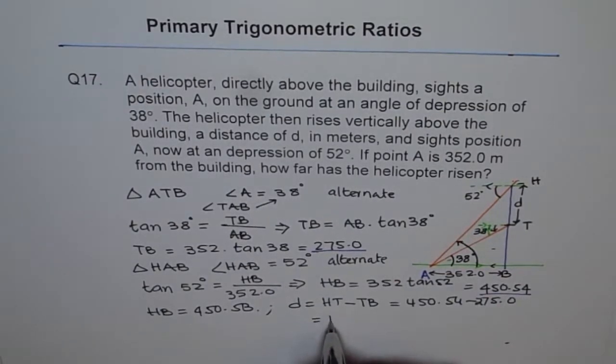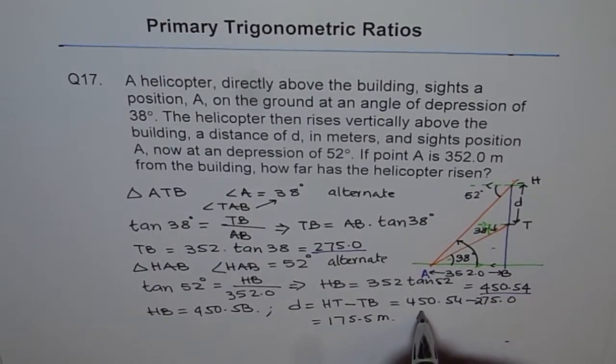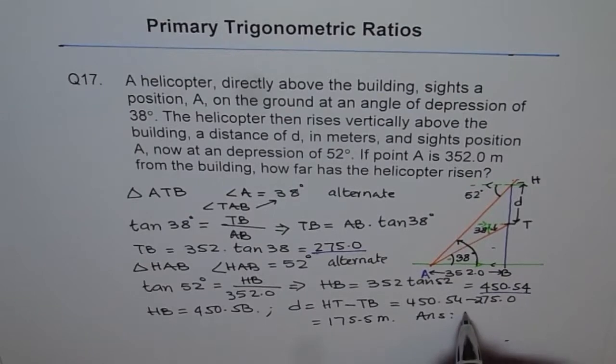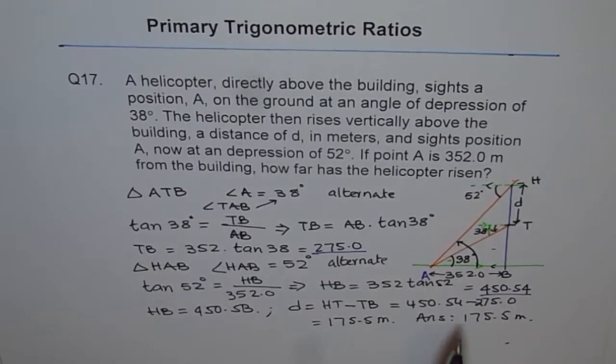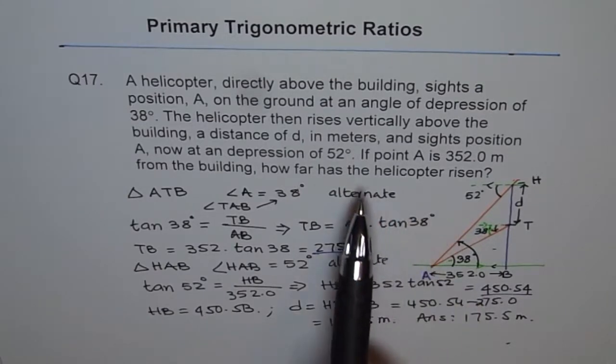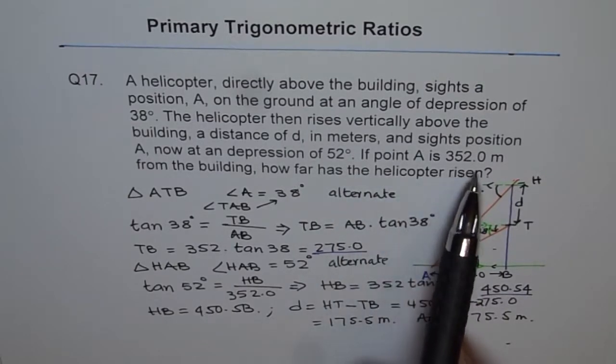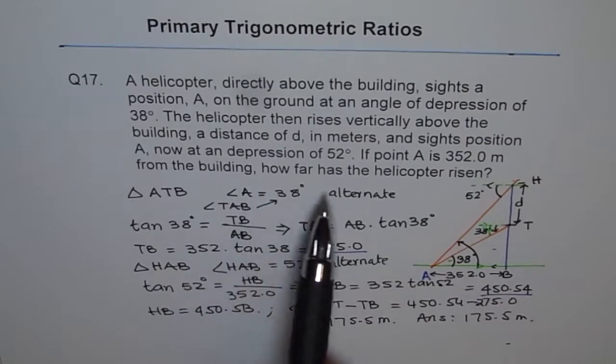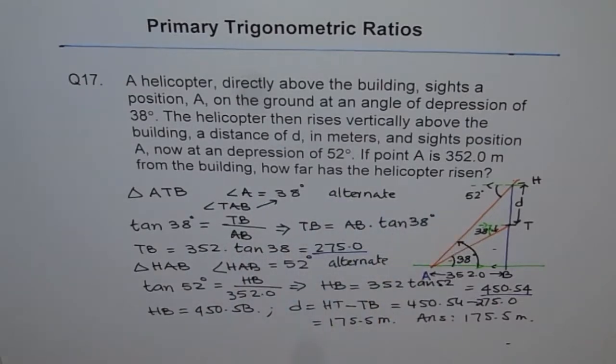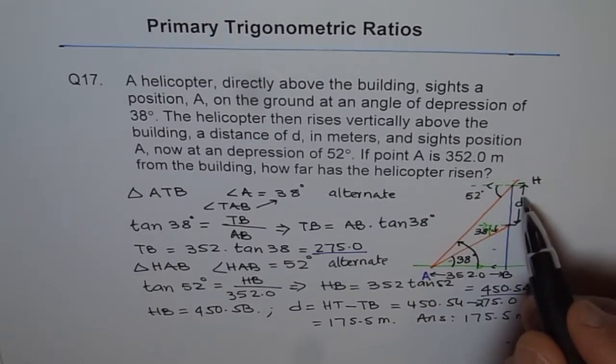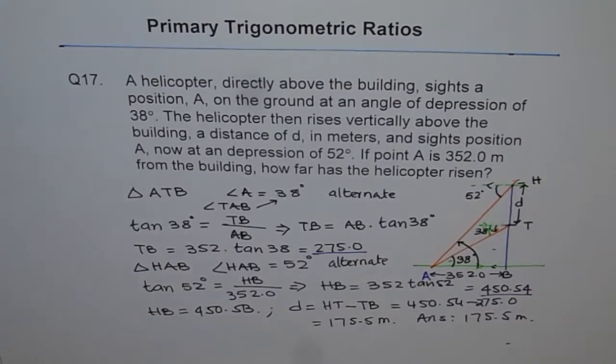Therefore the answer is 175.5 meters. If point A is 352.0 meters from the building, the helicopter rose a further 175.5 meters, the distance d. That is how we are going to answer this question.